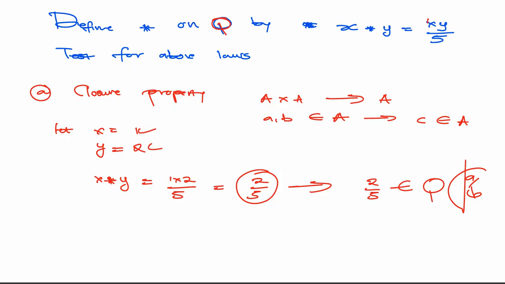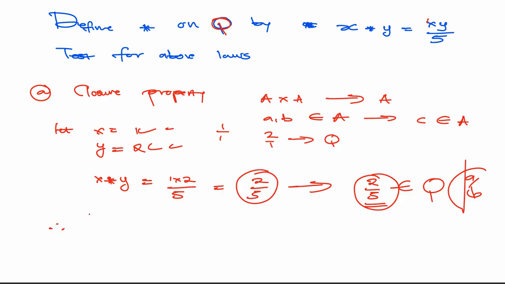Since we took two rational numbers, 1 and 2, which are rational because 1 can be expressed as 1 over 1 and 2 as 2 over 1, and we got a rational number, just understand that the closure property has been satisfied.